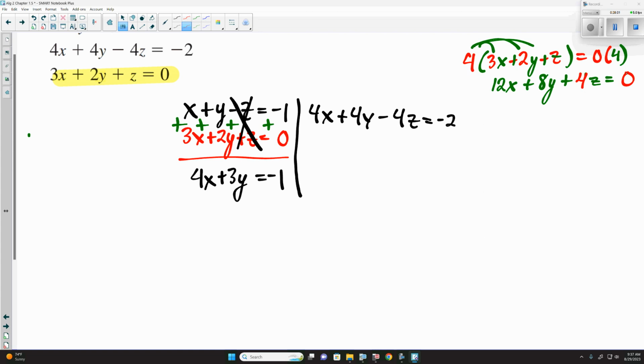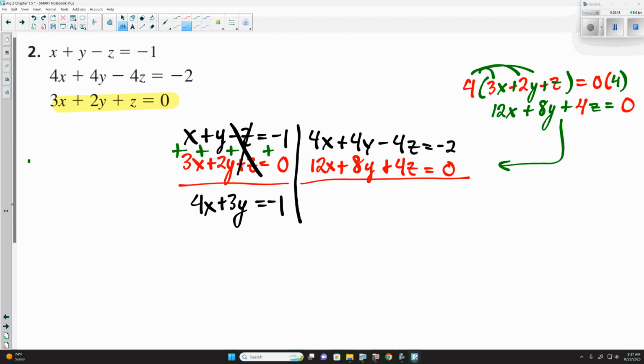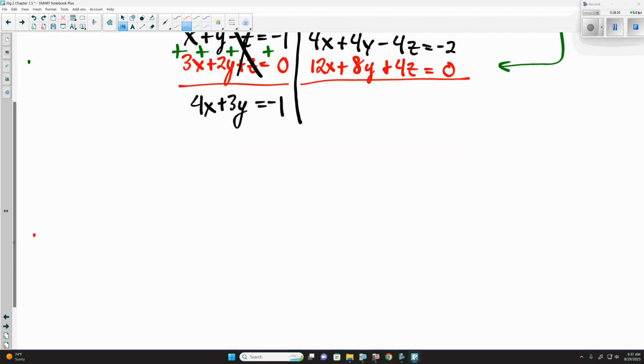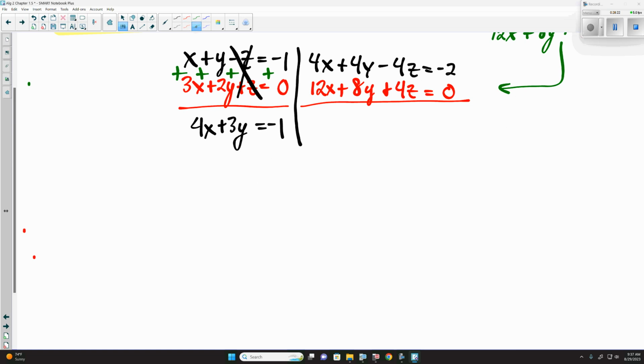And once we have this, we can plug it in. So we have 12x plus 8y plus 4z equals 0. Just making sure I have the signs right. Now at this point here, would we add the two equations or subtract them?